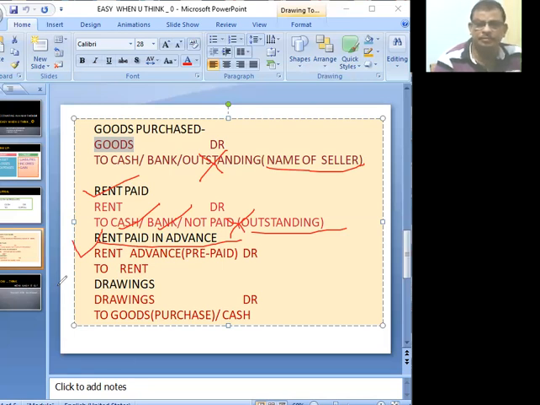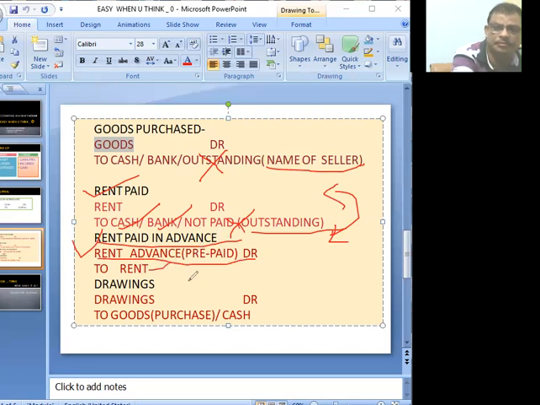In the reverse case, what will be the entry? In the outstanding case it will be advance, and rent account to rent account. So no problem, no need to think about all the details.